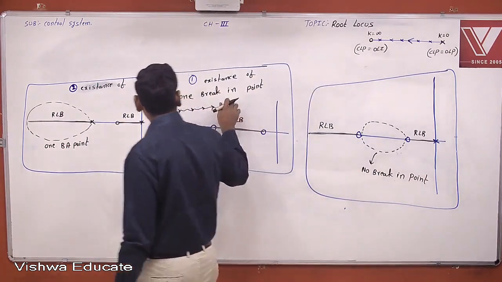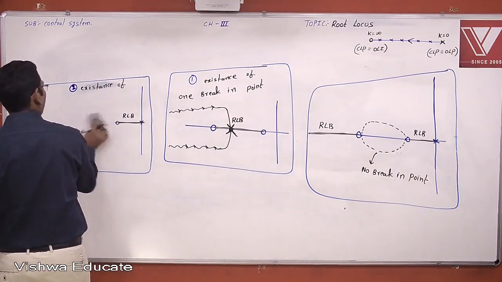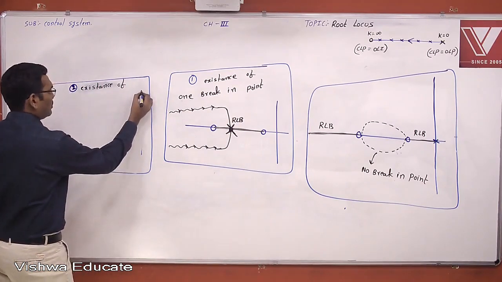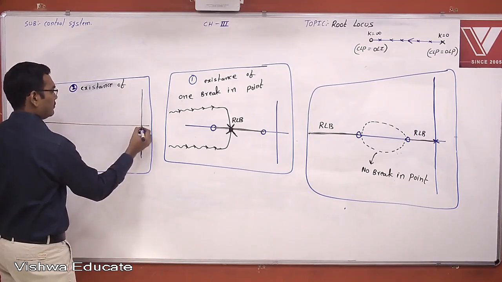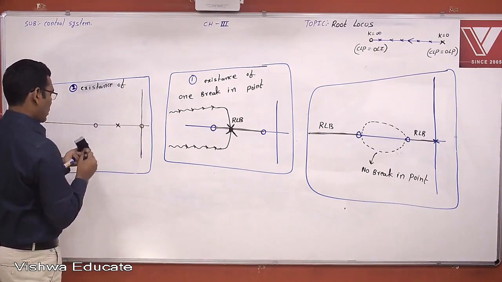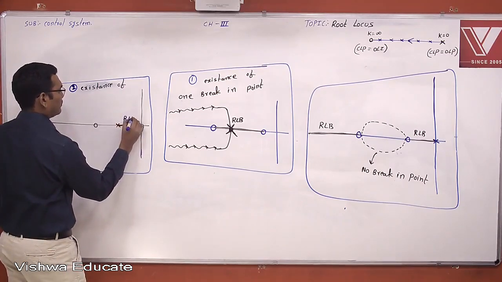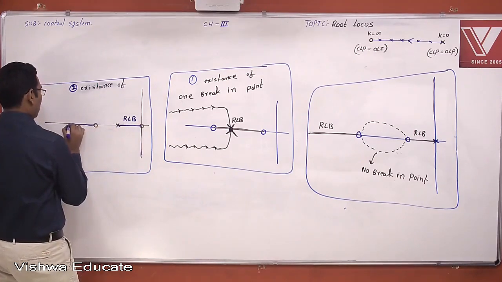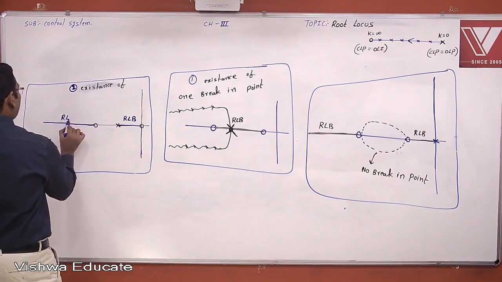Now this is one possibility, and the second possibility will be similar to the breakaway points. Now see here, this is the root locus branch, and this is not the root locus branch. This entire real axis after this particular zero is a root locus branch.